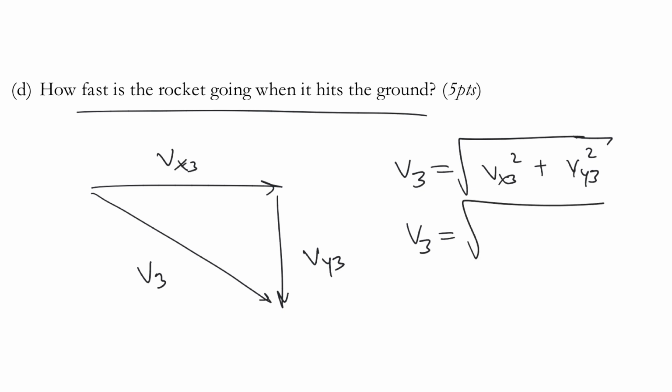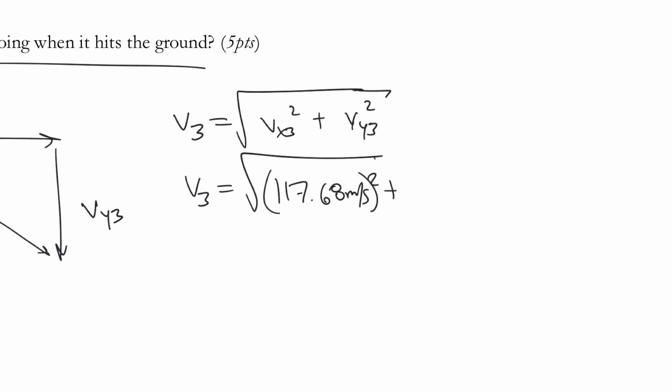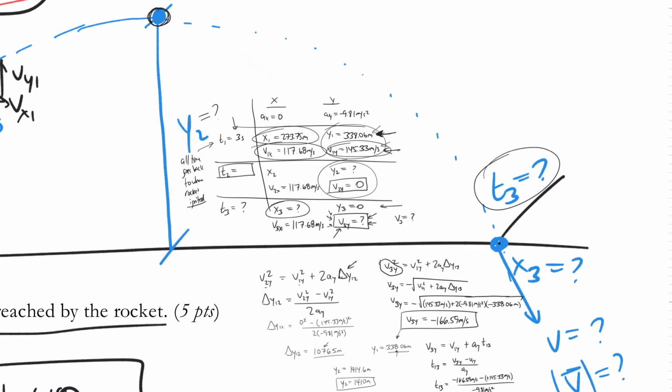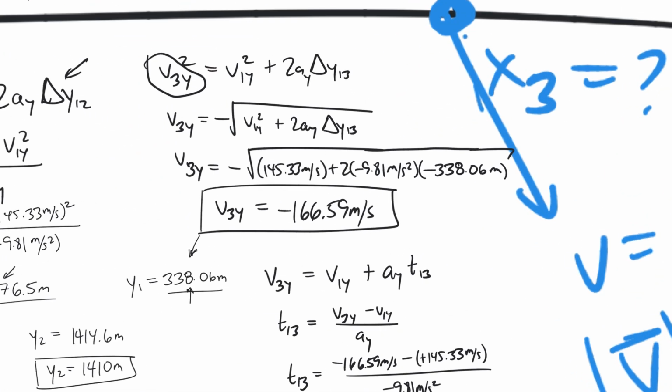What is Vx3? I think it's 117.68 meters per second. We've been using that a lot. And then Vy3. What is Vy3? Go find that. Oh, there it is, Vy3 right there, 166.59.